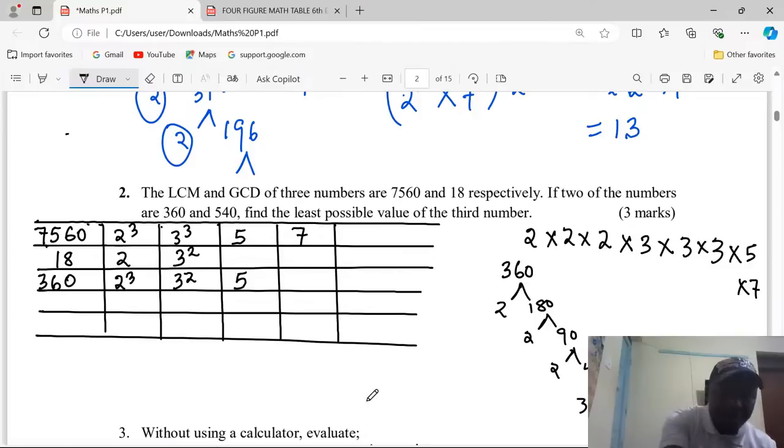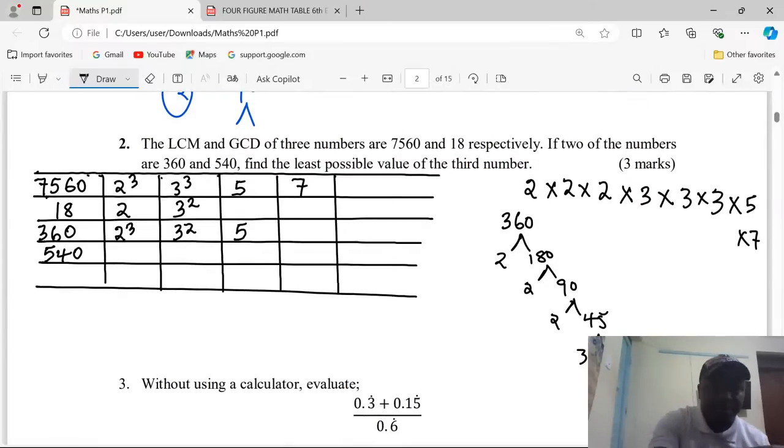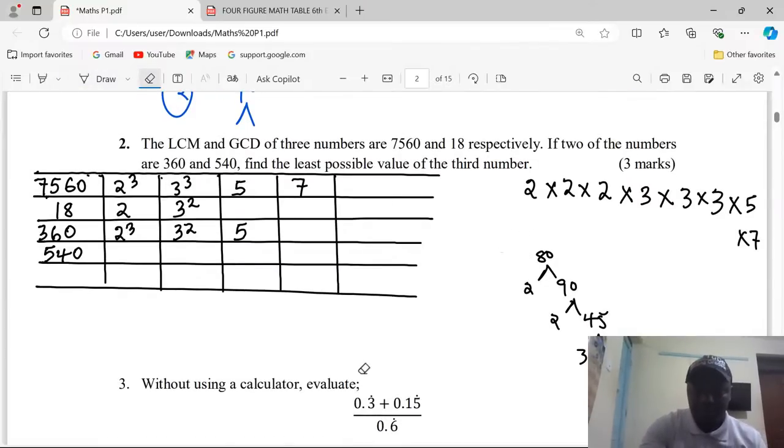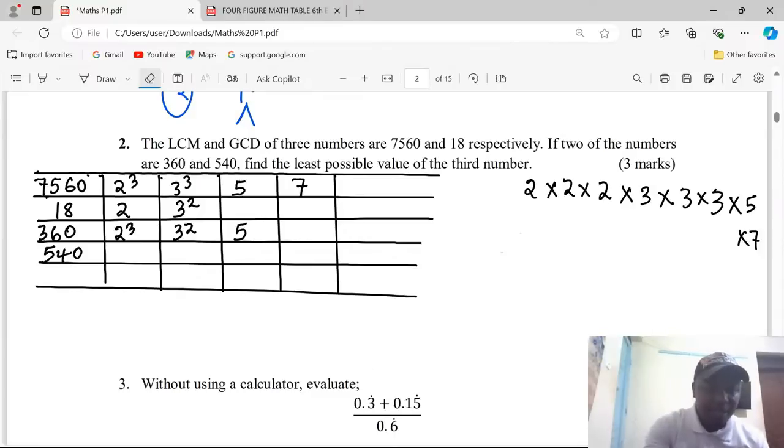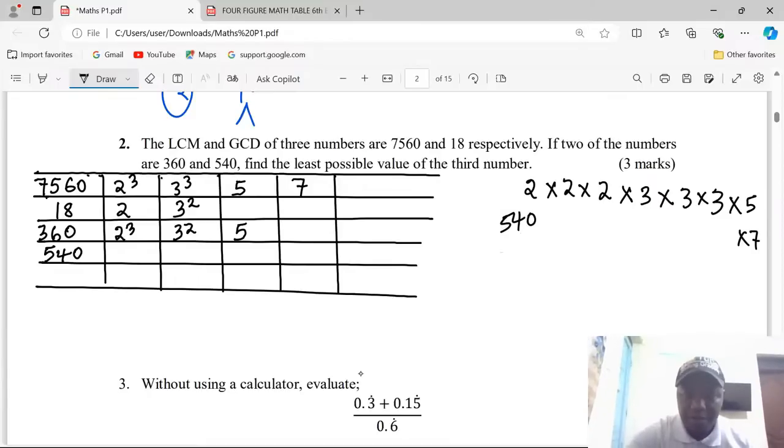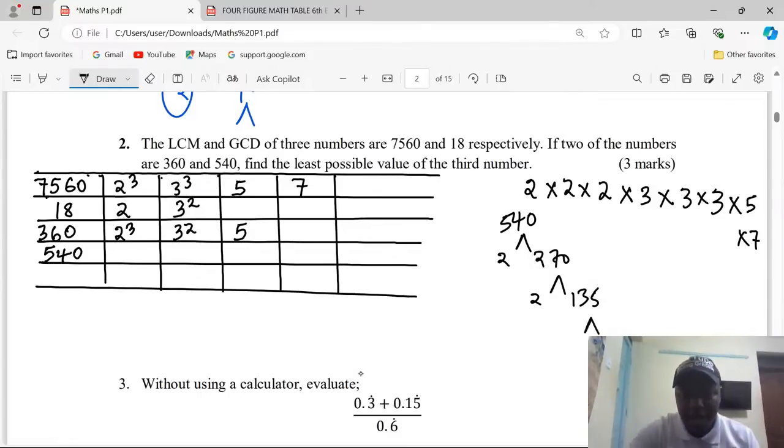We go to 540. We factorize it also. Let's work with 540 now. Remember to stay around for only 1 hour. 540. Now to factorize. By 2, we get 270. By 2, 270 over 2 must be, is it 135? Yeah. So that now we go to 3.